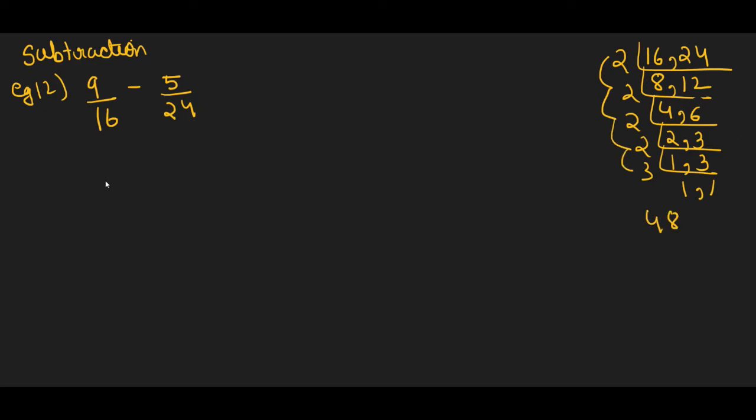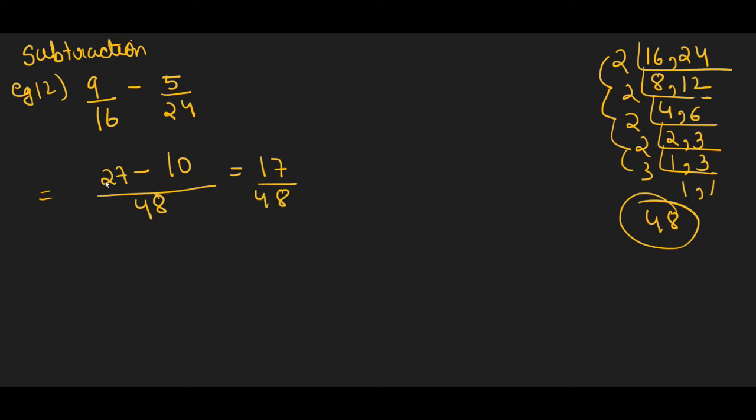So the LCM comes out to be 48. So now 16 3s are 48, 9 3s are 27, minus 24 2s are 48, 5 2s are 10. So this will be 17 upon 48.